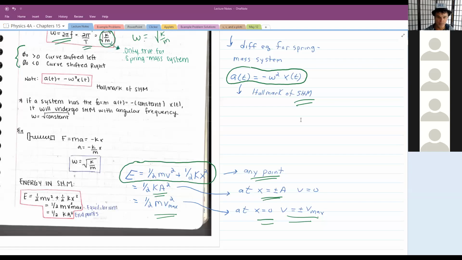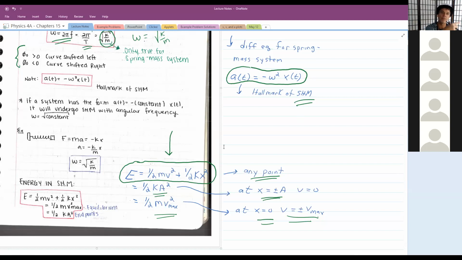So those three different equations, let me share that real quick, will always apply. If I'm given the speed and the x at any point, I could use this top equation, 1/2 mv squared plus 1/2 kx squared. That always applies. But at the amplitudes, at x equals plus or minus A, it's at rest for a split second, so the total energy is also 1/2 kA squared.